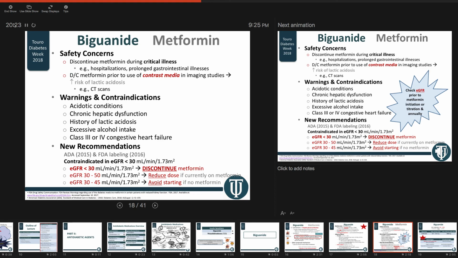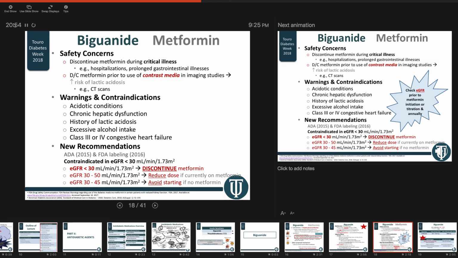There is a new update in regard to renal function and metformin use. When the patient's eGFR is lower than 30, metformin is contraindicated, so we will need to stop. When the patient's eGFR is between 30 and 45 or 50, then it depends.